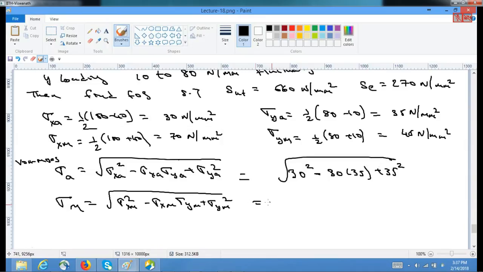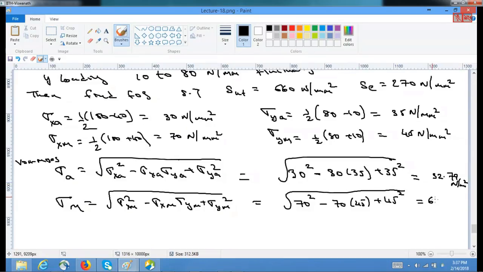Sigma M is the square root of 70 whole square minus 70 into 45 plus 45 whole square. So this will be around 32.79 Newton per mm square, whereas this is 61.44 Newton per mm square.